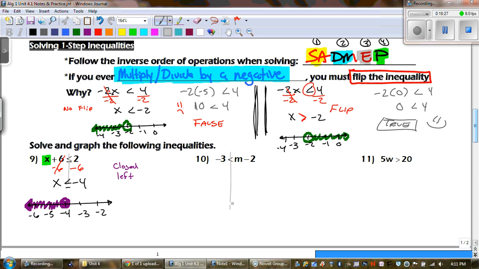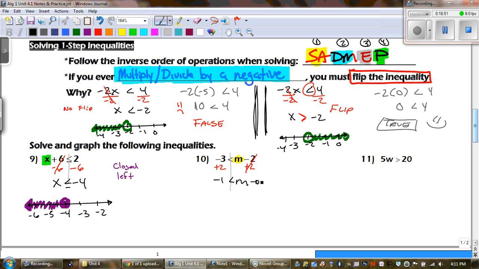Okay. Number 10. To get the m by itself, hey m, where are you? I'm right here. It's on the right side. We have to add 2 to both sides. And I get -1 is less than m.